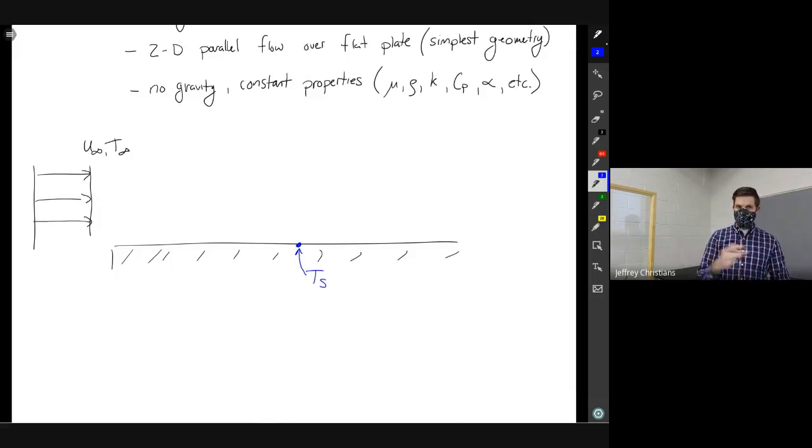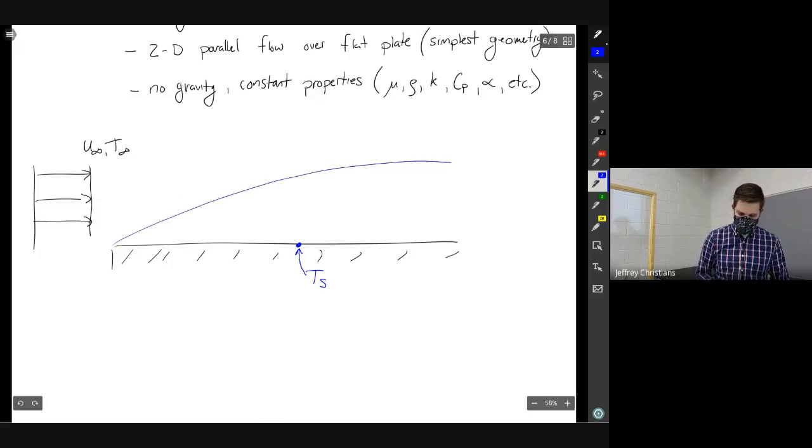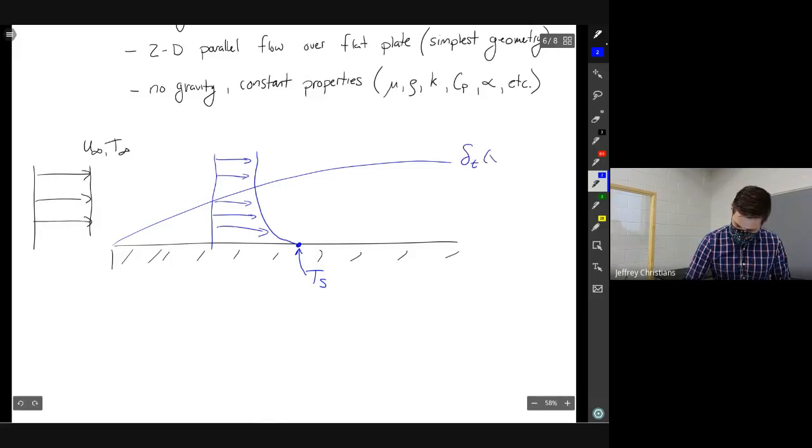If we looked at what's happening to the thermal boundary layer, it's going to be growing as we go along the plate. If we look at it at one point down here, it's going to be something like that. So this is delta T of x. That's the thermal boundary layer.